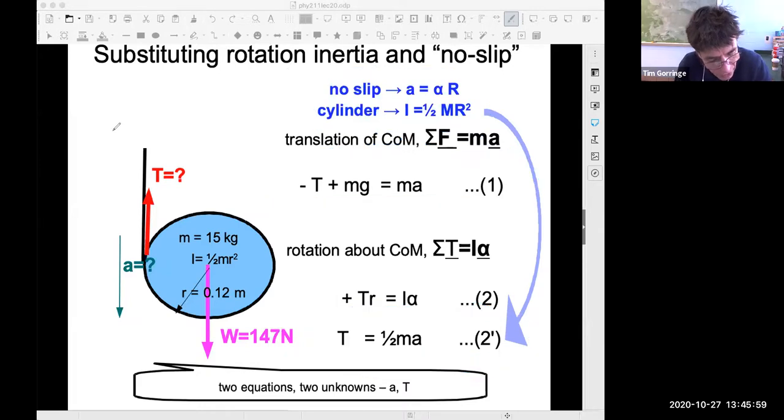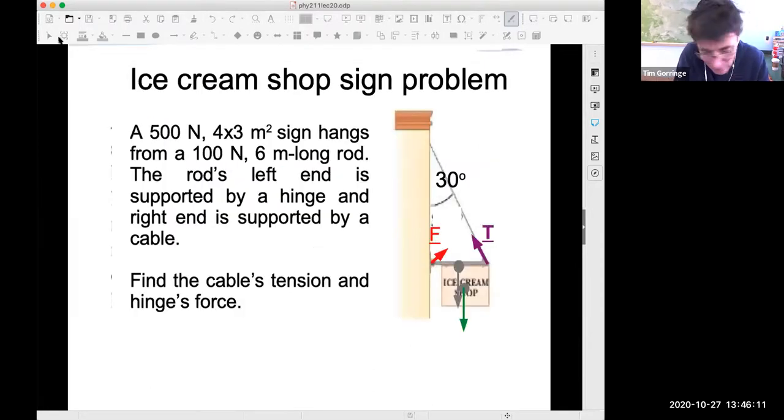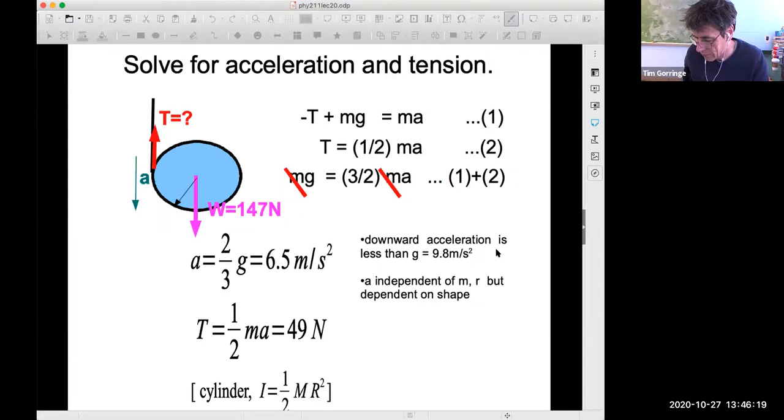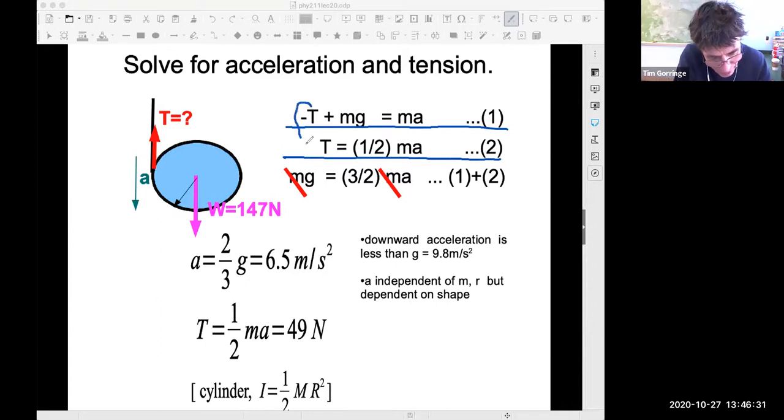So now I can just do the math of solving this problem of two equations and two unknowns. Here it is. The upper equation is the one describing the translational motion. The lower equation describes the rotational motion. I notice again, I've got a plus and a minus T in these equations on the left-hand side.